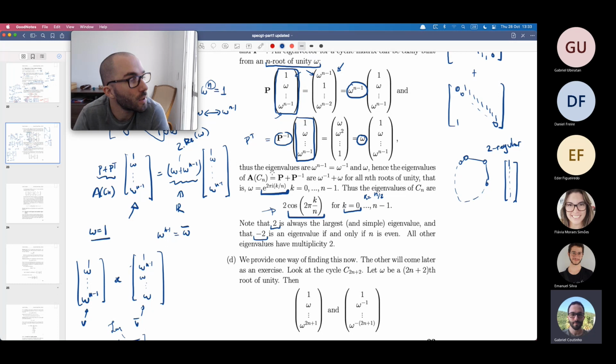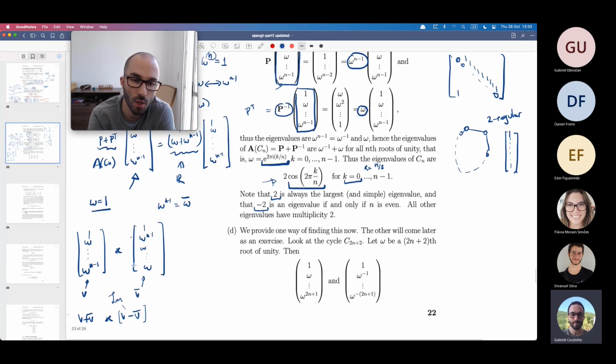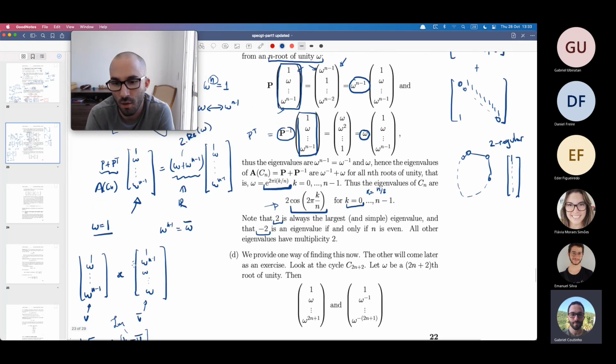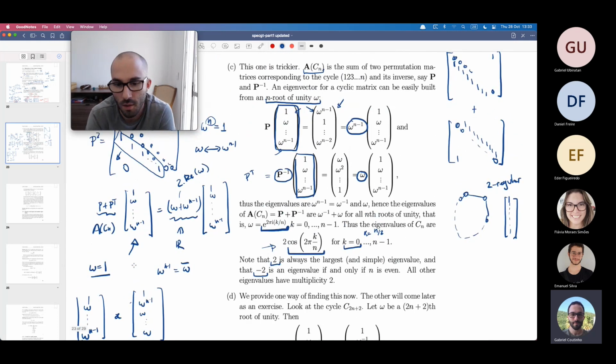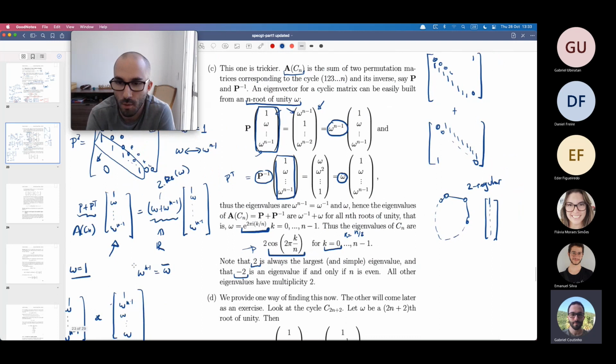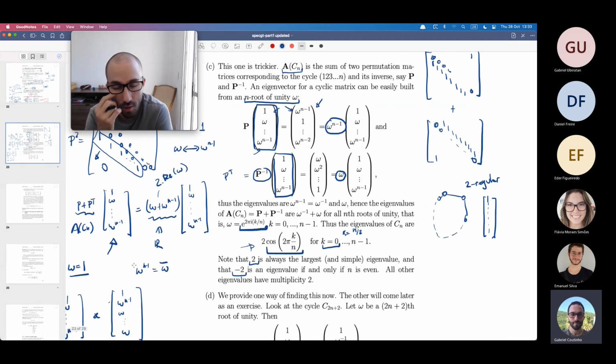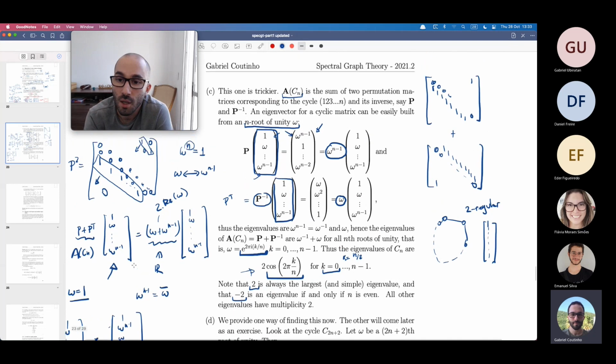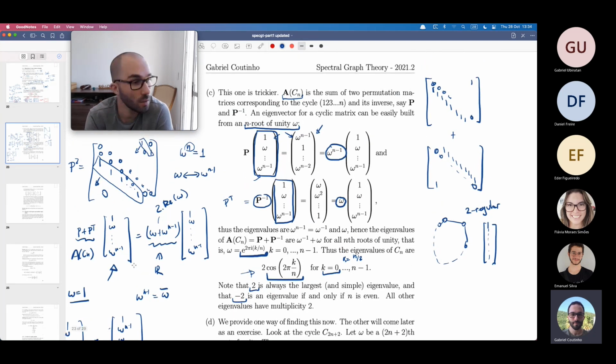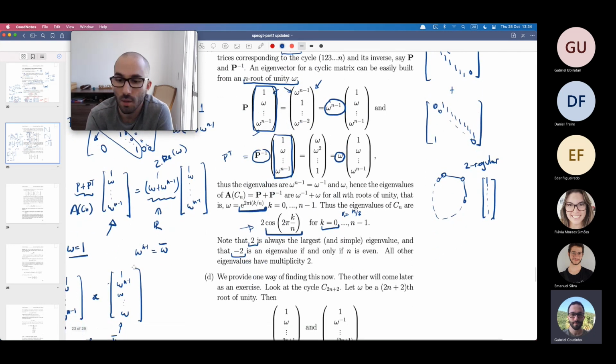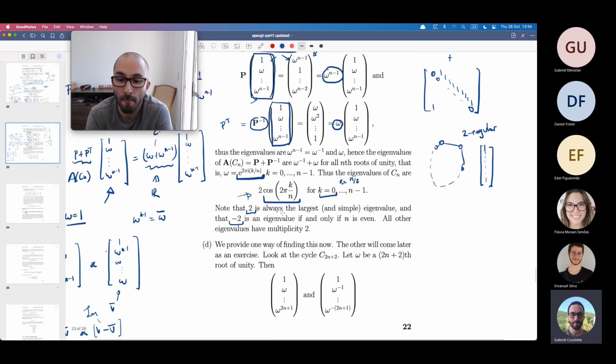So that's also possible. Of course, this gives you more conceptual information, but it is less elementary, this understanding. But this is all fine. And this gives you the full spectrum of the cycles on n vertices. So we do know that the cycles have these eigenvalues, and we know how the eigenvectors look for each one of these eigenvalues, right?